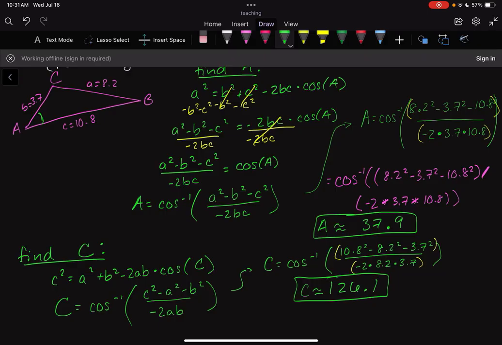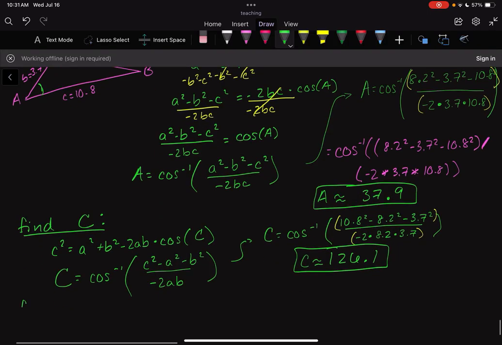Now finding your last angle is easy. To find my last angle, since I already have two other angles, I can just do 180 minus A minus C. So I don't actually have to use law of cosines for the last step.